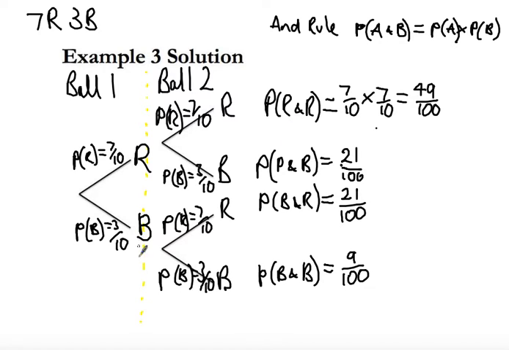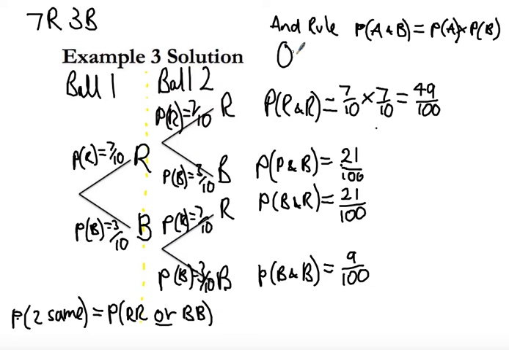In the question, it asks to find the probability of 2 the same. So let's have a look. Probability 2 same. Well, there's two ways we can have this. This is the probability of a red and a red, or a blue and a blue.